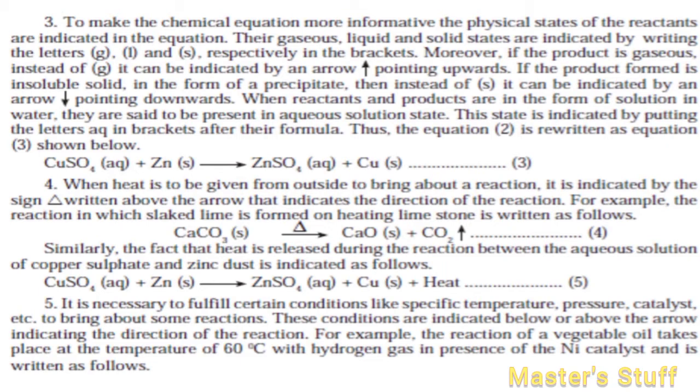Thus, when heat is required for performing the reaction, it is indicated by the triangle sign above the arrow, and when heat is released by the reaction, it is indicated at the end beside the product.